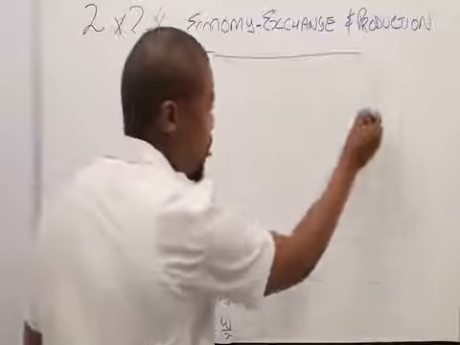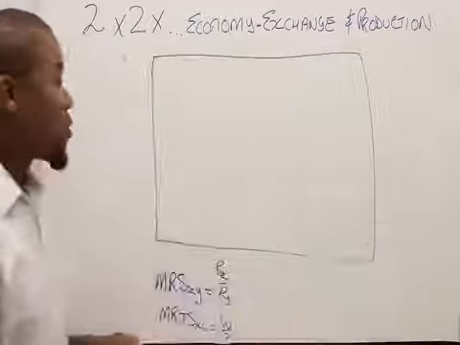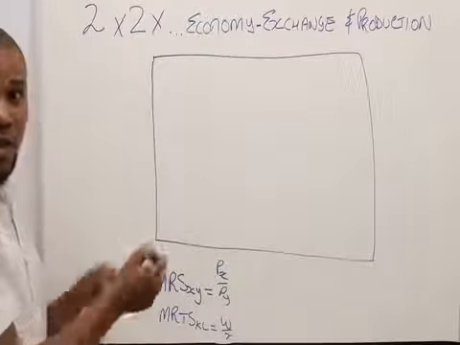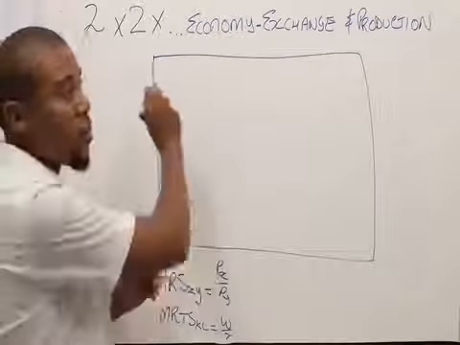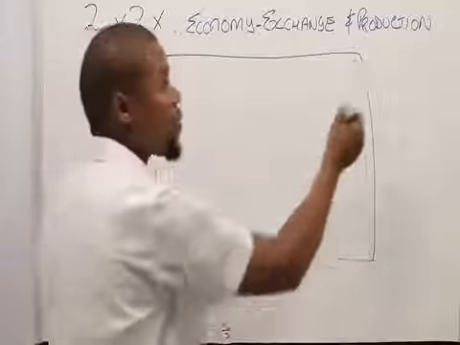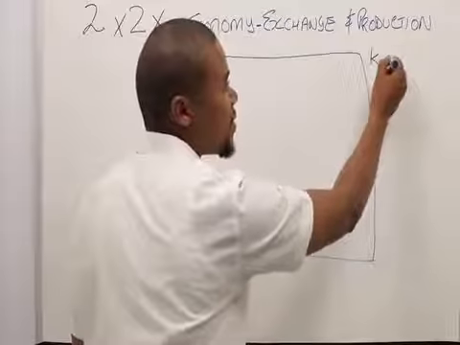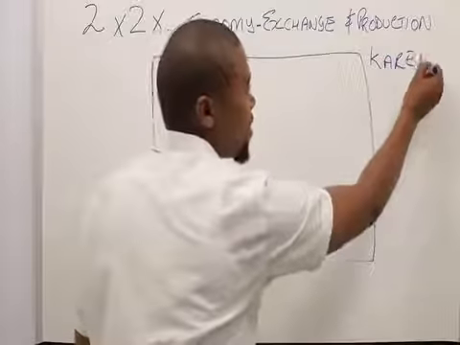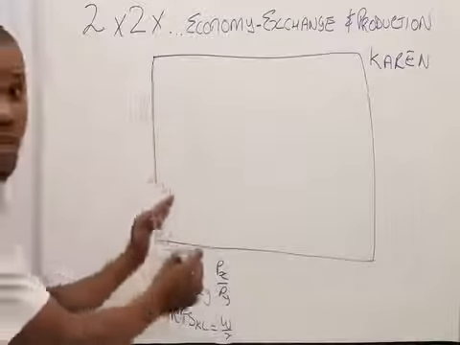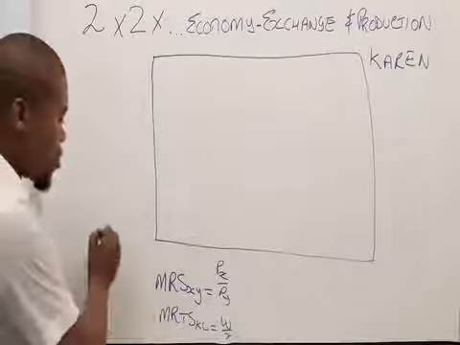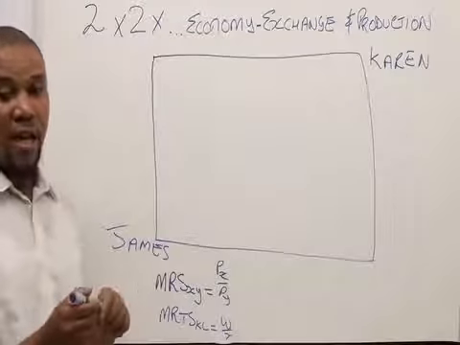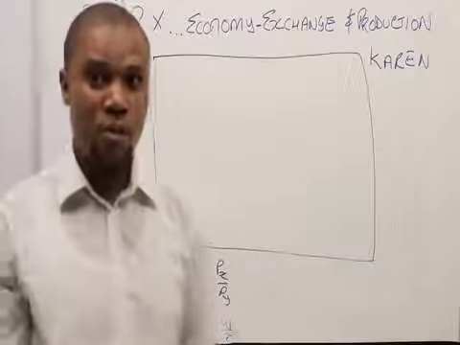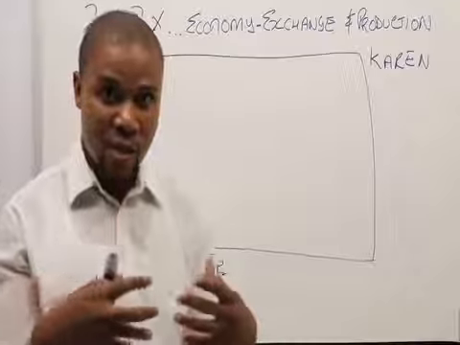So we have a box. The axis that used to be for our first consumer remain the same axis, but we add another consumer. Say, for instance, Karen could be added there. And on the original axis, you could have, say, James. And we're saying that these two consumers have limited resources.